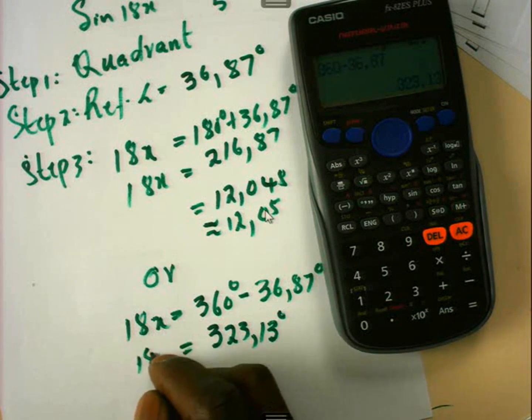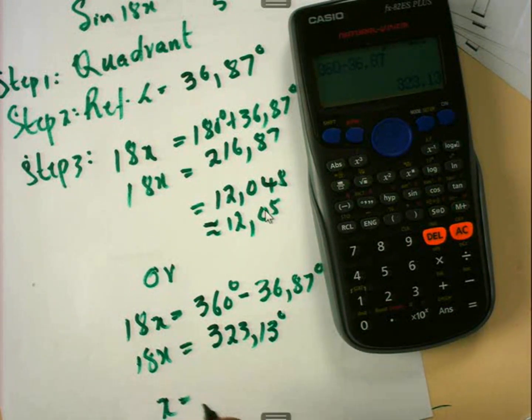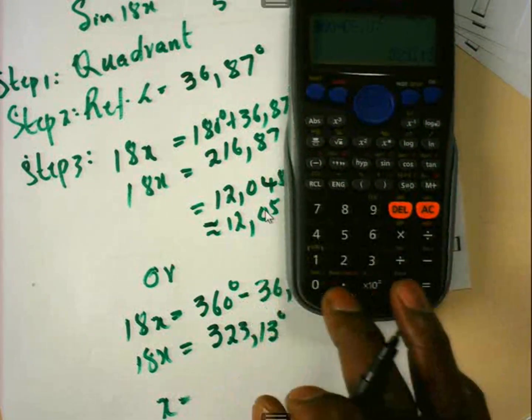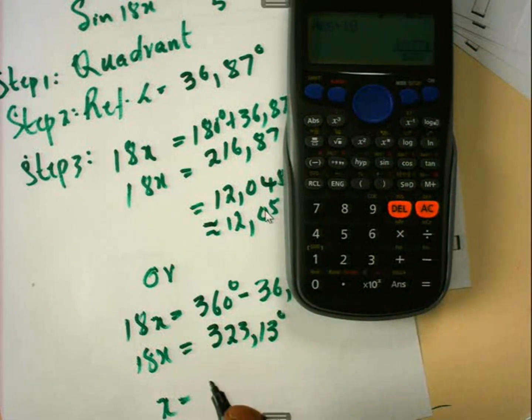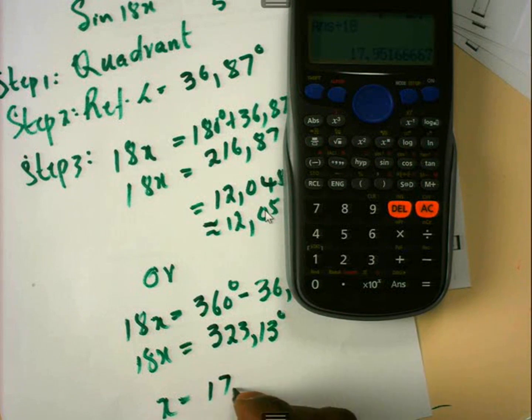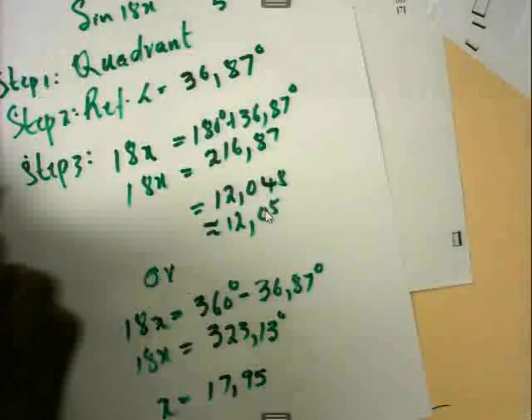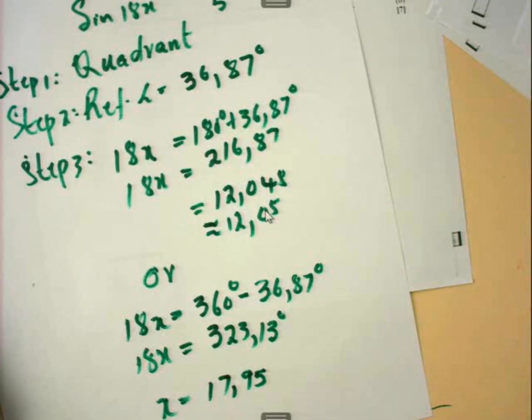That is 18x, and if we want x, we must divide both sides by 18, and then we get 17.95.